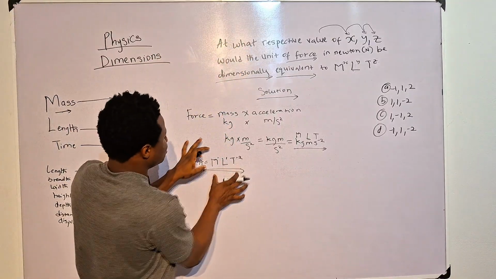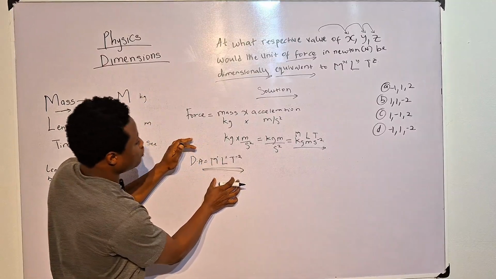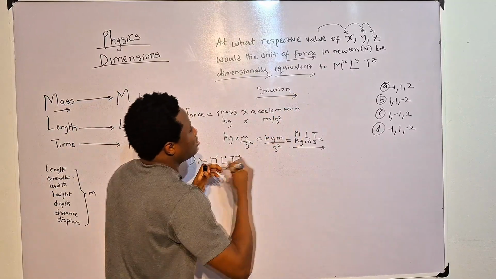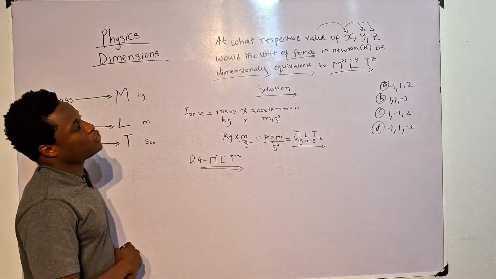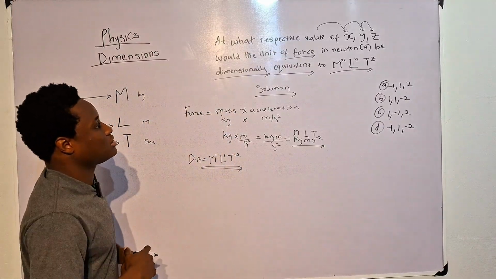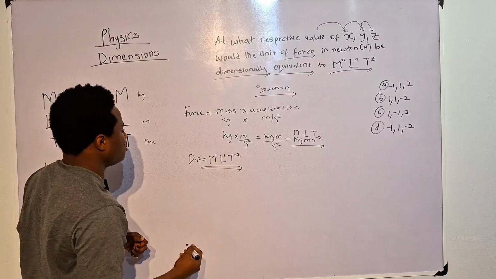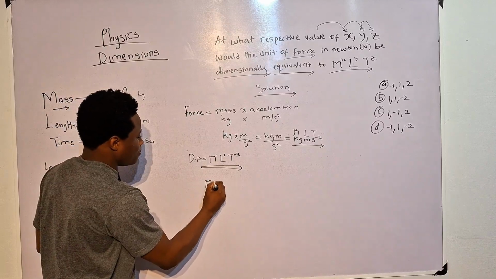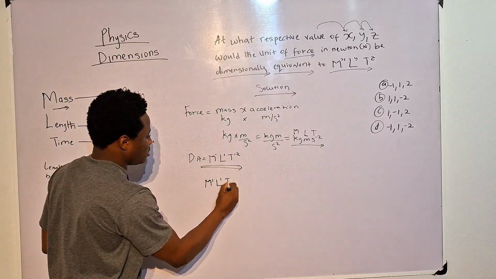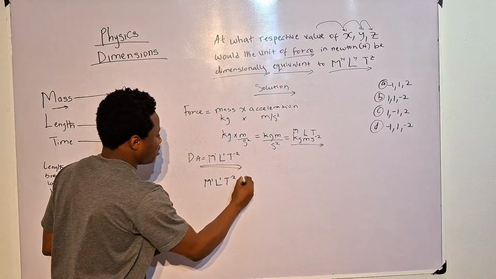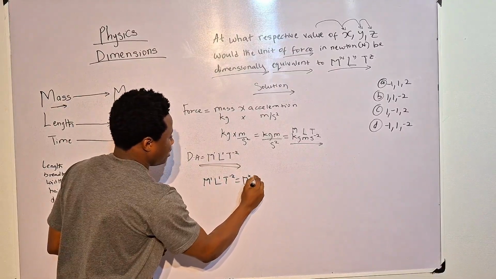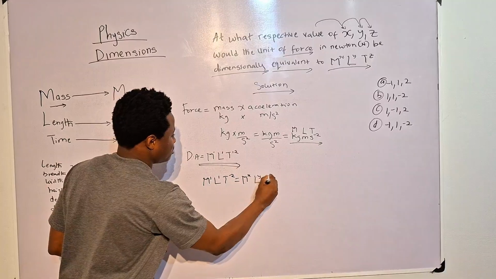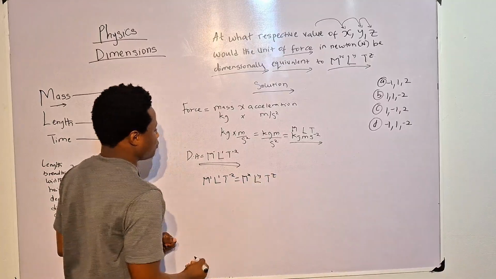But now they're asking us what is the value of x, y, and z. So we have to equate this dimension of force to the expression here. We say M^1 L^1 T^-2 is equal to M^x L^y T^z.